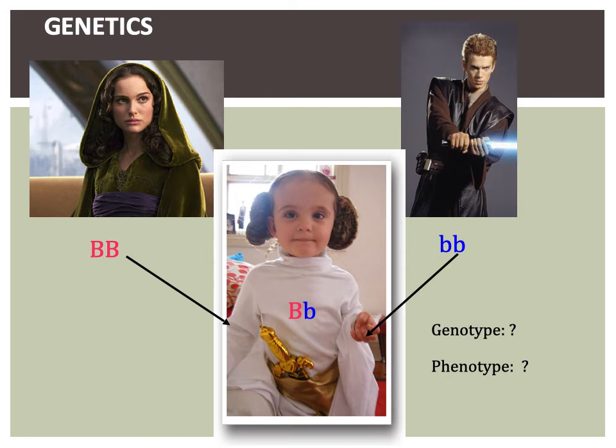So in my example here, I have Padme and Anakin, their mom and dad, and then I have little Princess Leia. So mom and dad both have 2 genes for eye color as well, and then so does she. But then in this example, I show that Padme passes on a gene for brown eyes, and Anakin passes on a gene for blue eyes.